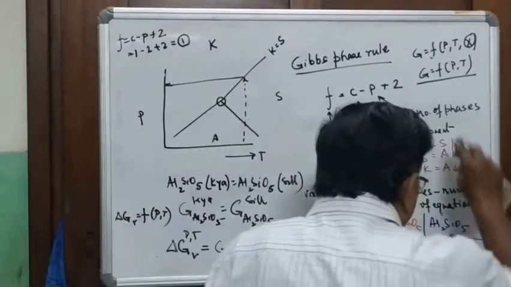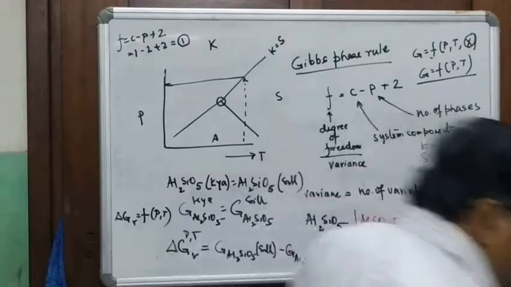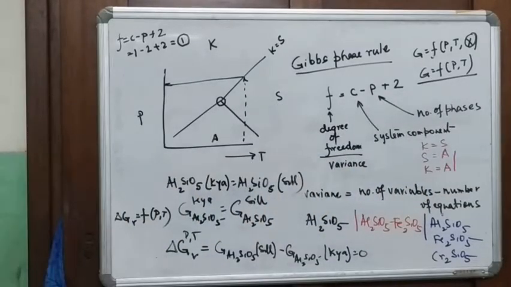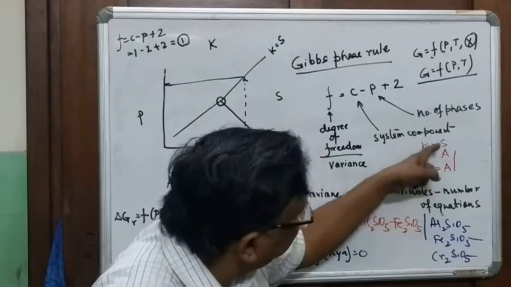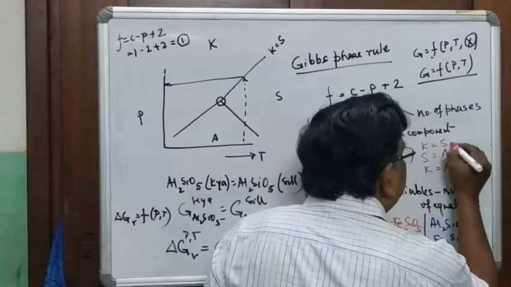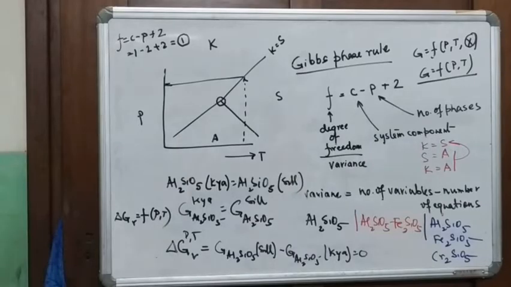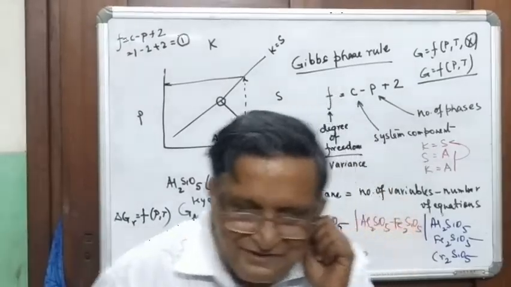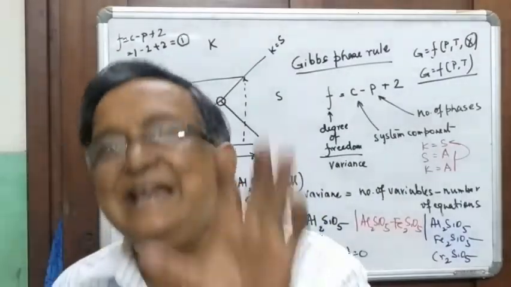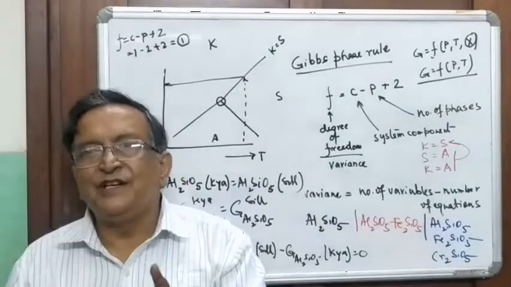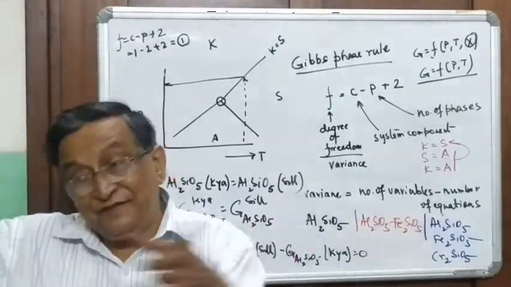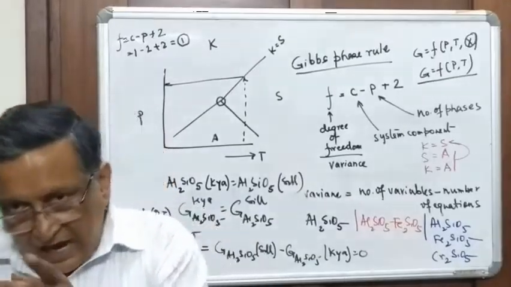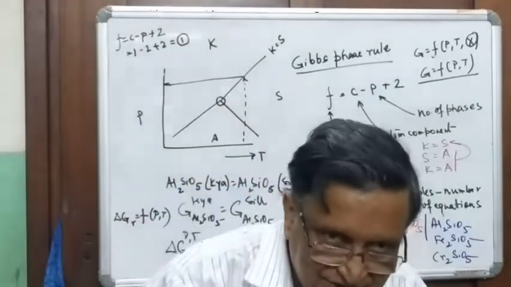If you look at it this way, I take these 2 equations and eliminate the common phase, I get this. So although you see 3 reactions, 2 reactions are independent, and 1 reaction is an algebraic addition of the other 2 independent reactions.